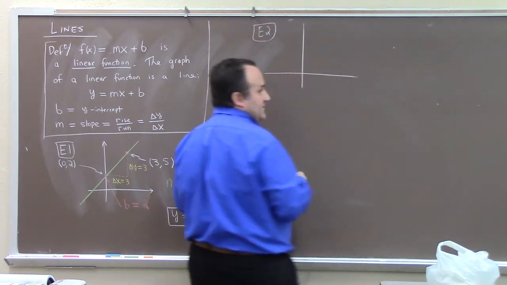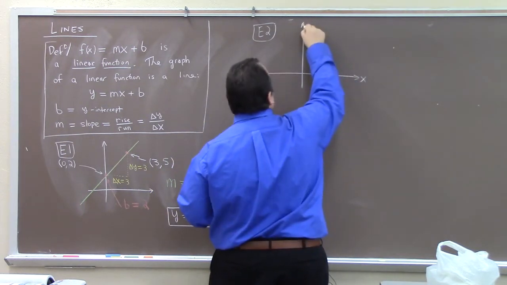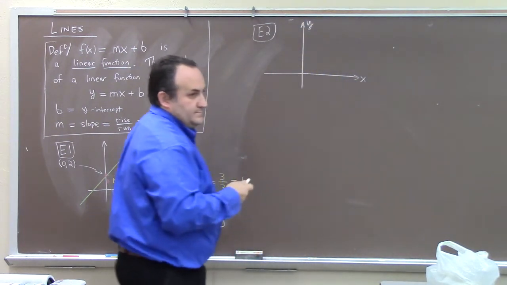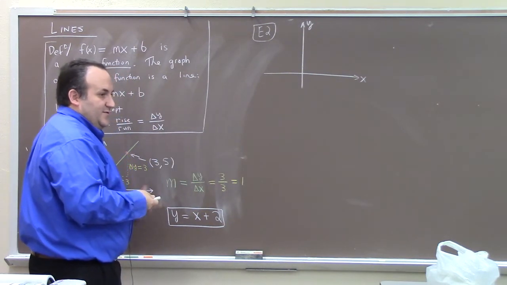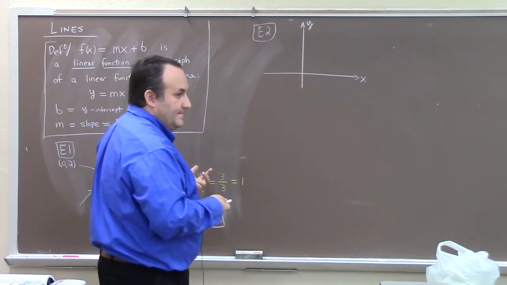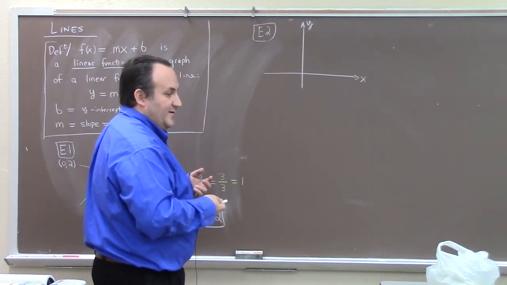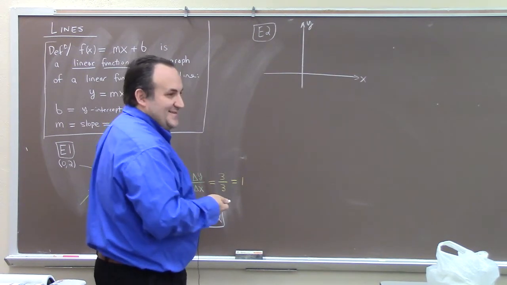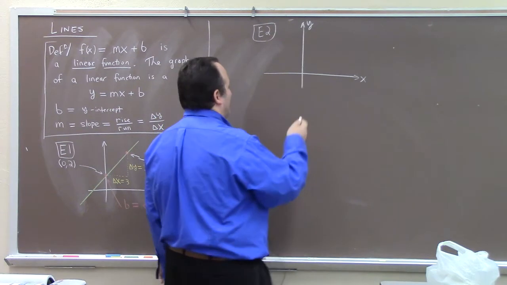So I'll let you guys pick the points this time. Okay, what point do you want? I just need you to give me 2 numbers. There are almost no wrong answers. 1 and 4, okay, sure.